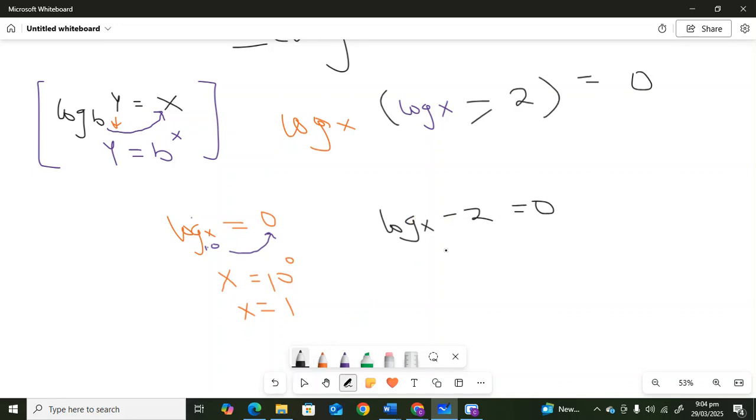You take this 2, it goes over the negative sign and becomes positive 2, so log x equals 2.